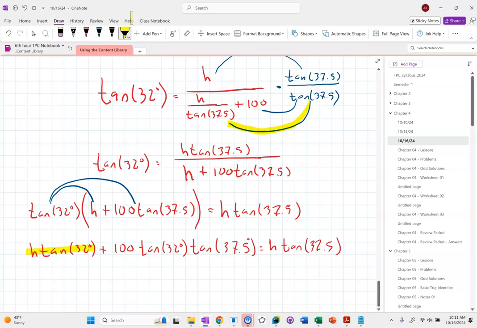And now I'm going to subtract the h tan 32 to the other side. So I have the h's on one side and the stuff without the h's on the other.